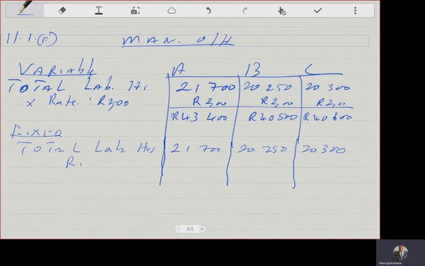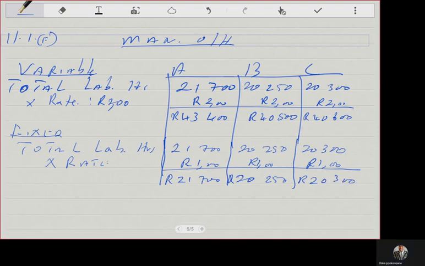Multiply again by the rate, the fixed manufacturing overheads rate, which is 1 rand across. It won't change anything: 21,700, 20,250, we only put in the rand sign, 20,300. If you like, you can add the totals at the end and combine them to have the full total manufacturing overheads. That's what you can do.